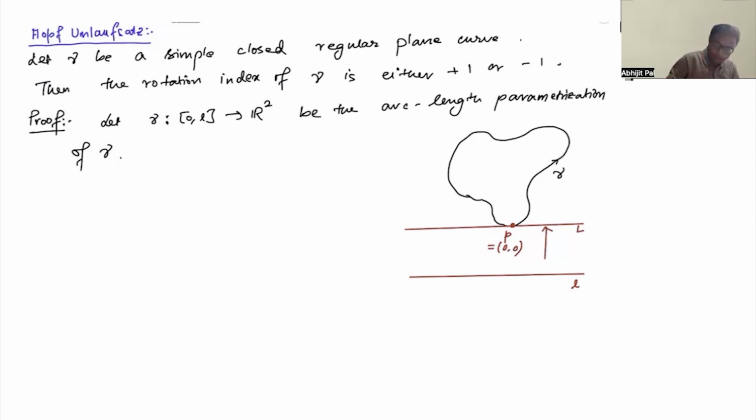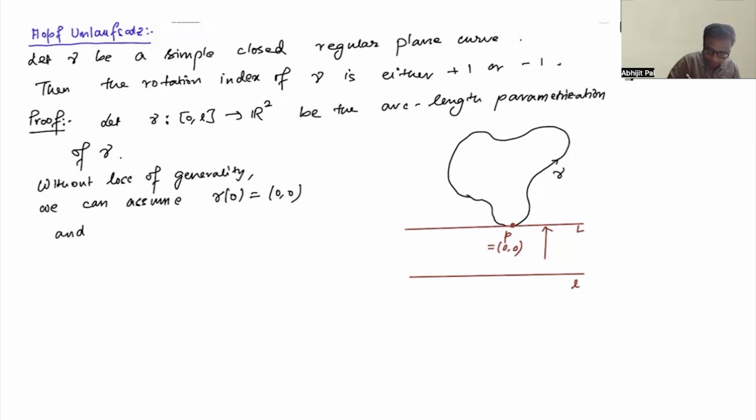So I can assume this P to be the origin, and also that gamma 0 is (0, 0). Let me write this statement. Without loss of generality, we can assume gamma 0 is equal to (0, 0), and gamma dot 0 is along the x-axis.